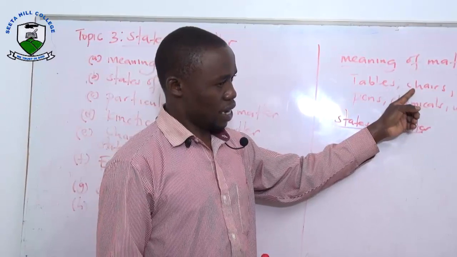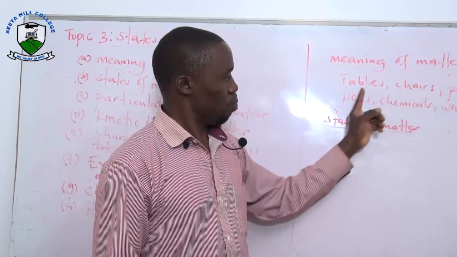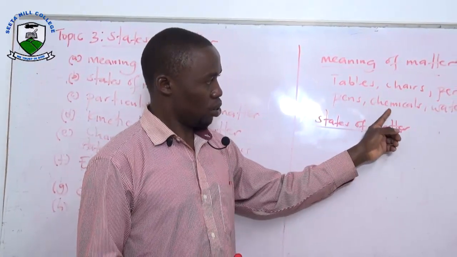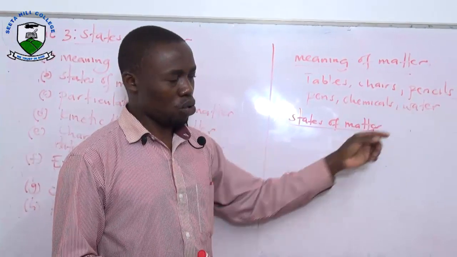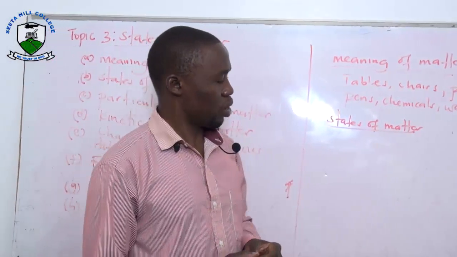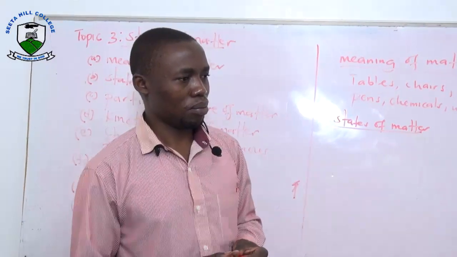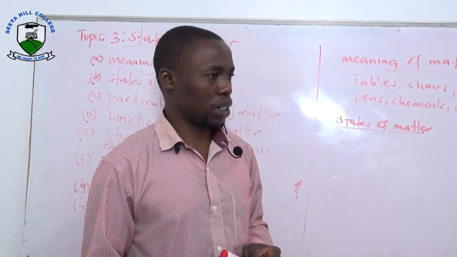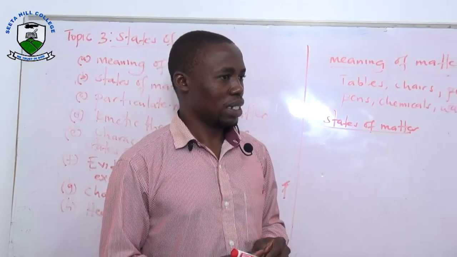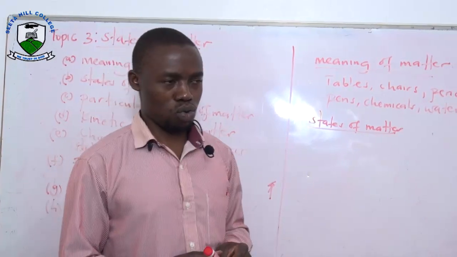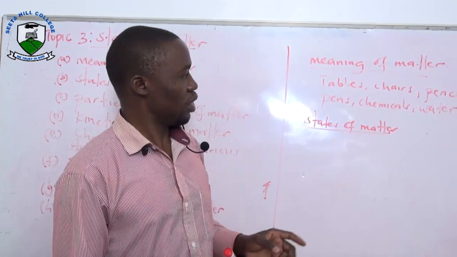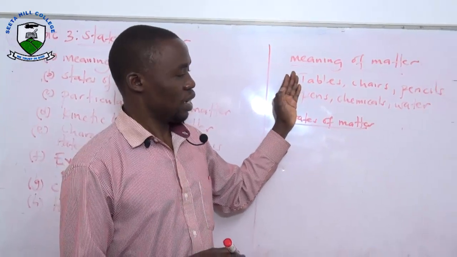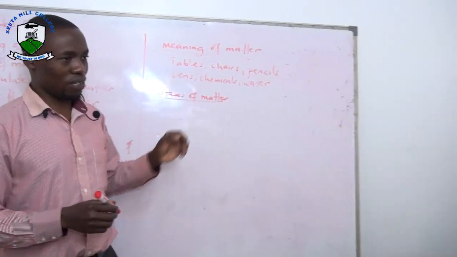Table, chair, pencil, pens, chemicals, water. Could you identify some way of categorizing them in some form of groups? Yes, Aspolo. How do you categorize those different materials that you have listed?